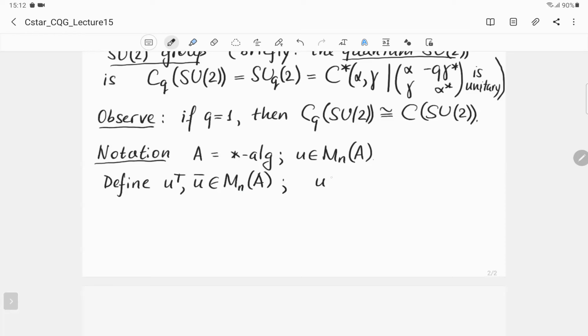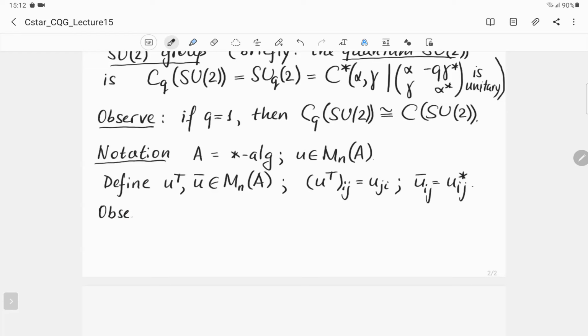U transpose is just the usual transpose matrix, in the usual sense. And U bar is the matrix obtained by taking the adjoints of the matrix entries, so U bar ij is U ij star.